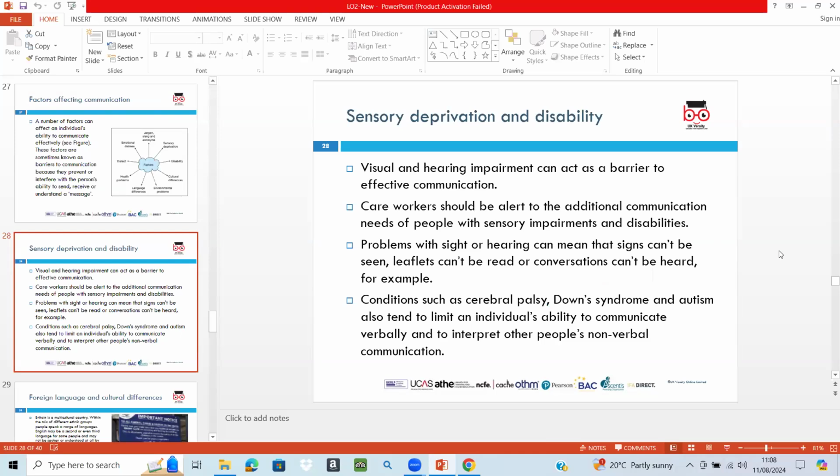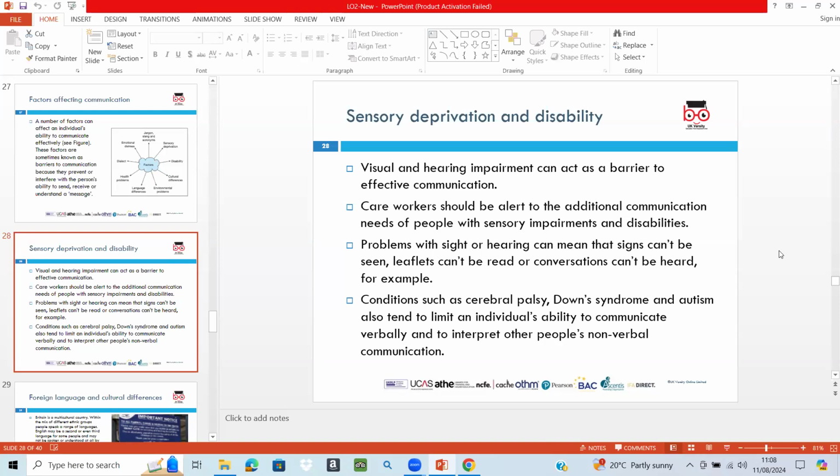So the first one is sensory deprivation and disability. In that we can say that service users with sensory impairments may struggle with communication.